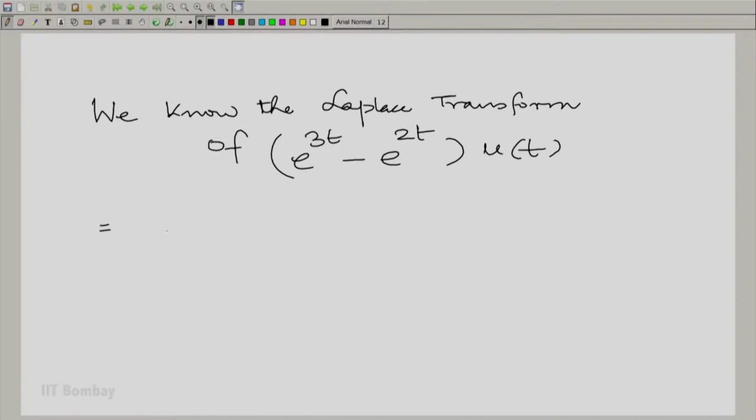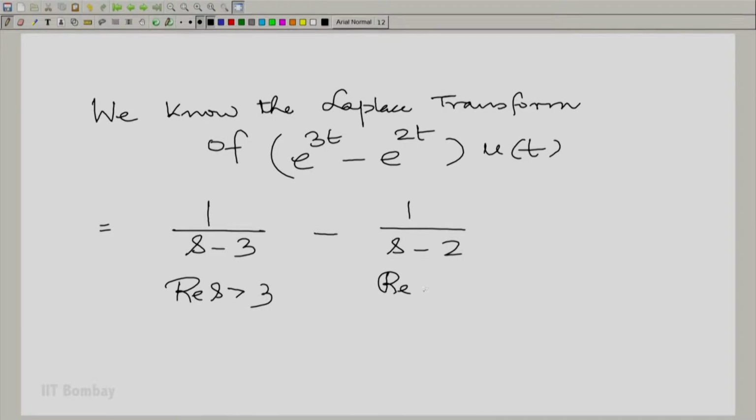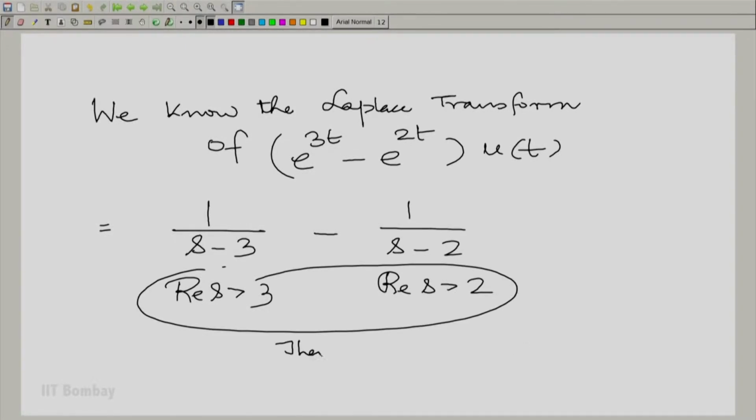So, it is the Laplace transform of e^{3t}u(t) minus the Laplace transform of e^{2t}u(t), which is 1/(s-3) with a region of convergence real part of s greater than 3, and 1/(s-2) with real part of s greater than 2, but then we can take their intersection, which happens to be real part of s greater than 3, and that can be taken as the region of convergence.